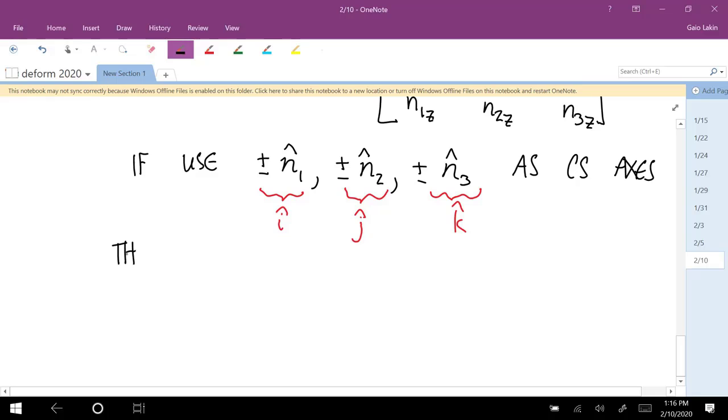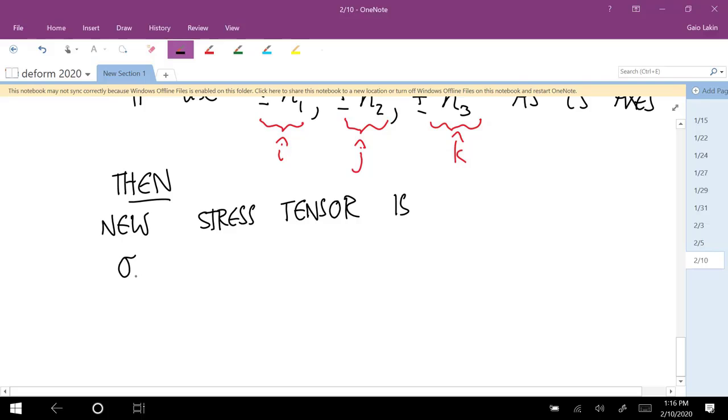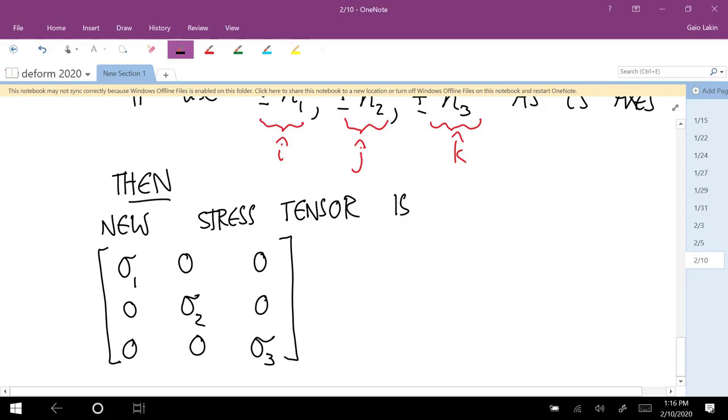Then the new stress tensor is sigma 1, sigma 2, sigma 3 with zeros everywhere else. Cool, right?